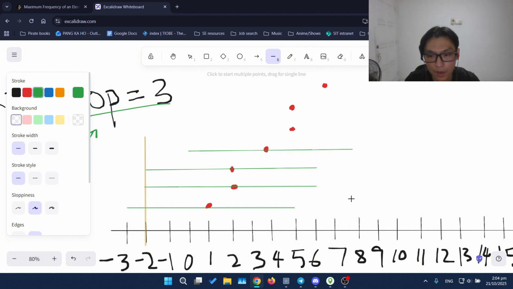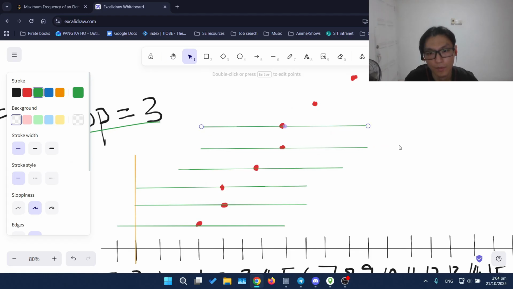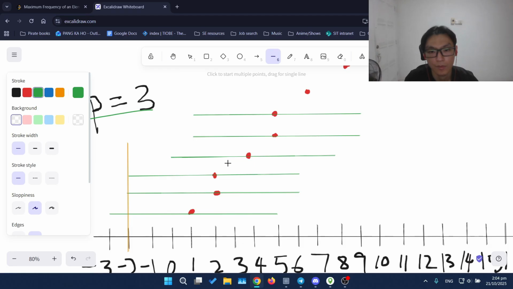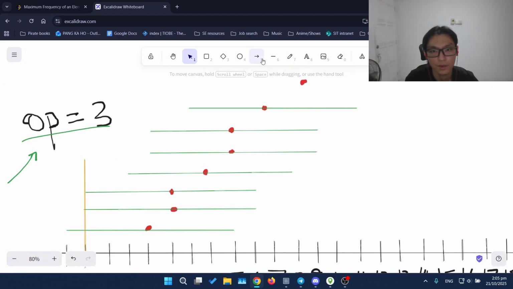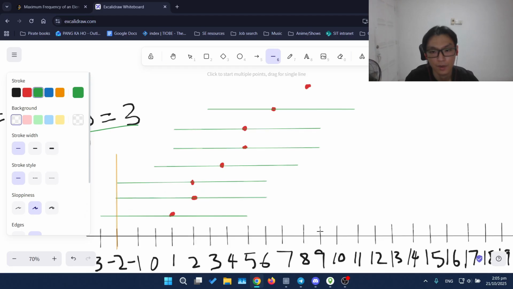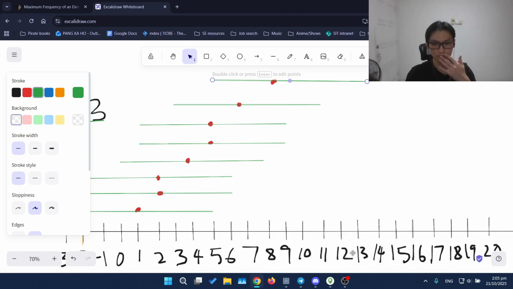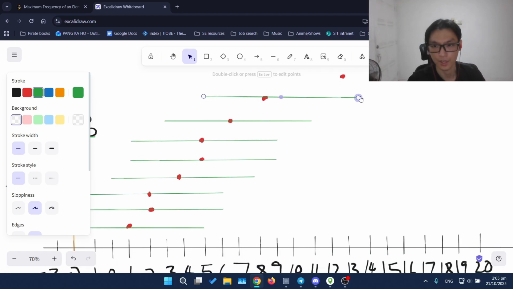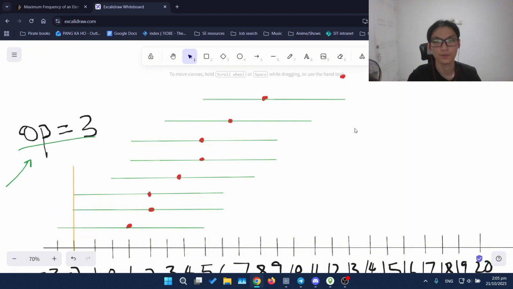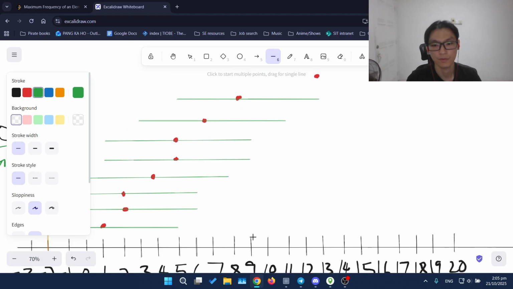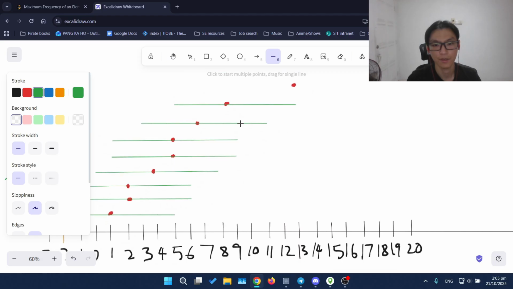This is 1. 1 to 9. 3, 3 to 11. 5, 5 to 13. This is 9 to 17. 9 to 17, give or take.